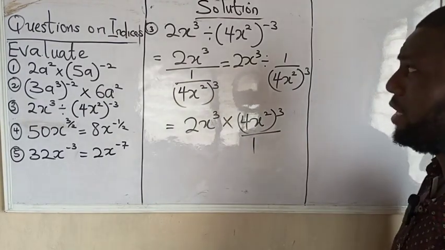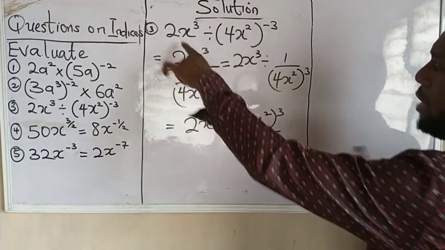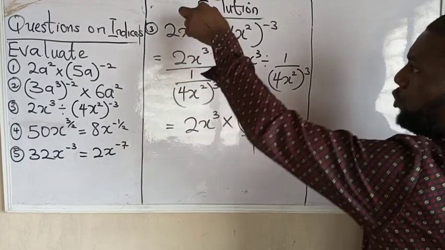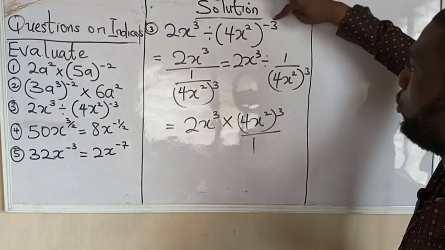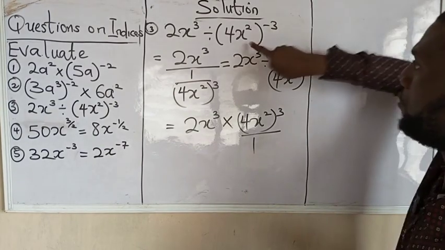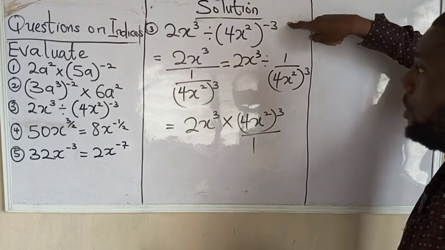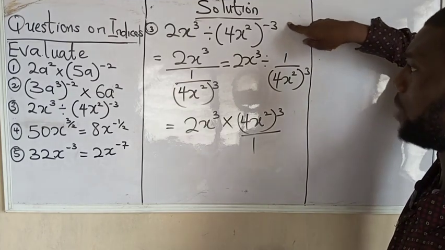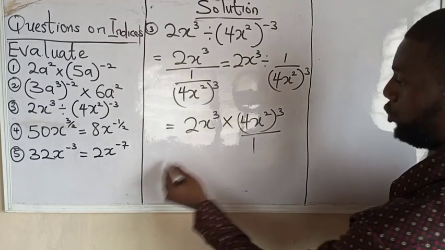However, from the beginning, if you want to, you can also start like this. I can say 2x raised to power 3 divided by, I already know that this one will end up being 1 over 4x raised to power 2 all into bracket 3. I can also do it like that and I'll still get my answer. And when I change it to multiplication, it goes up. I'll show you now.